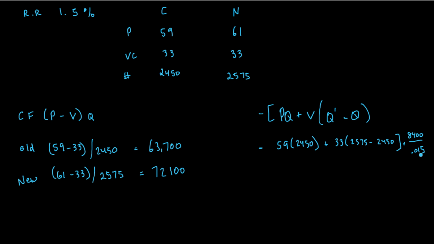The 0.015, that is our required return, and the $8,400, I believe that's a change in the policy. So the NPV equals $411,325. Okay. So that was number 9.